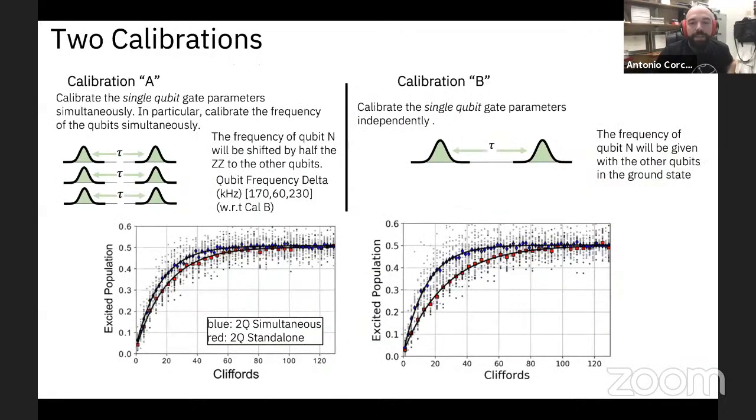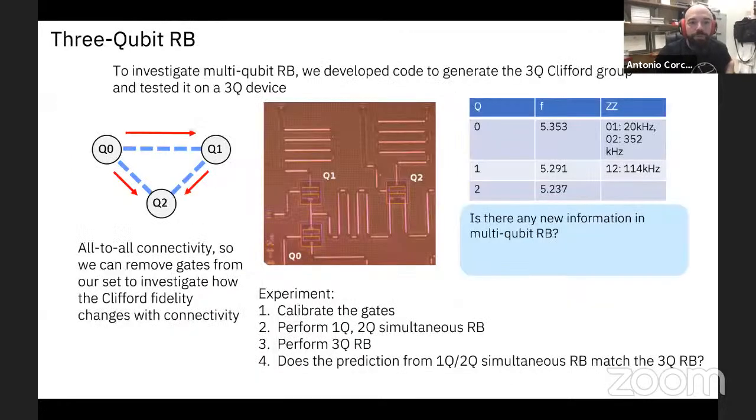So the idea is that you take the sequence of experiments, you perform 1 and 2 qubit RB and 3 qubit RB, and then you look at what the prediction for 3 qubits is, what the prediction from 1 and 2 qubit is, and what you actually get from the 3 qubit.